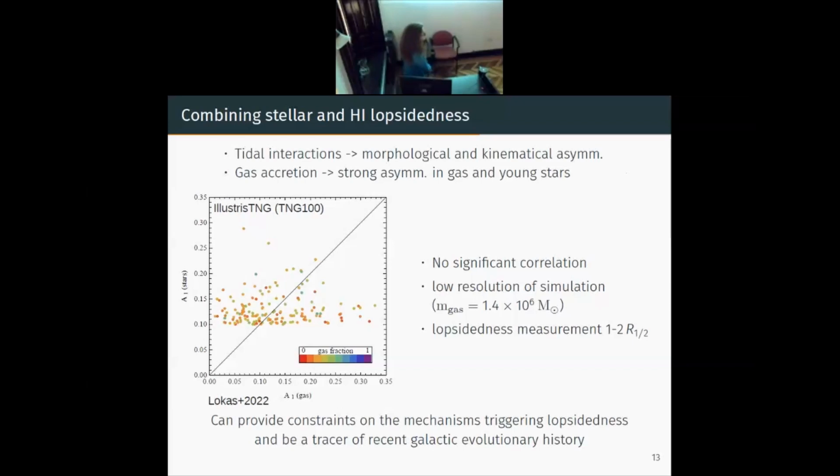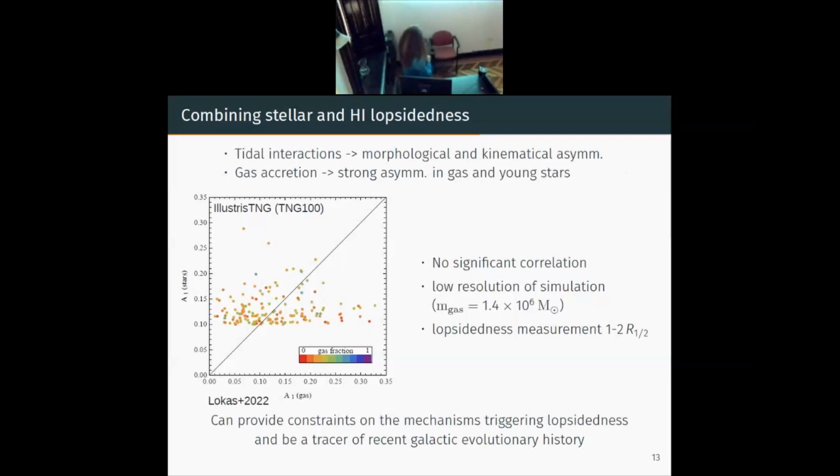But so far, most of the observational works have mainly focused on studying the lopsidedness either in the gas or in the stars, using many different radial ranges to quantify lopsidedness, which makes it difficult to compare and study the correlation.